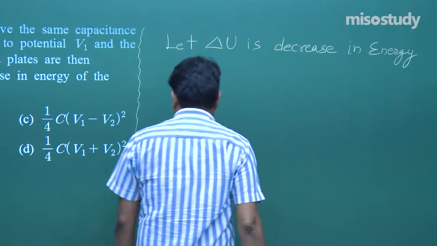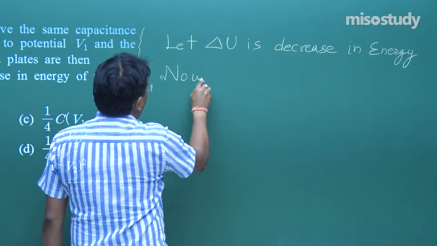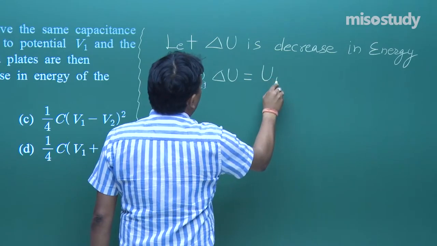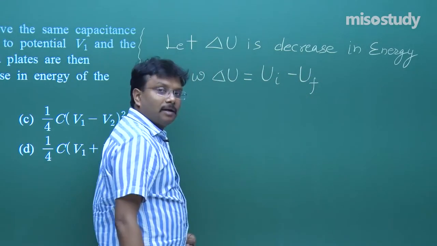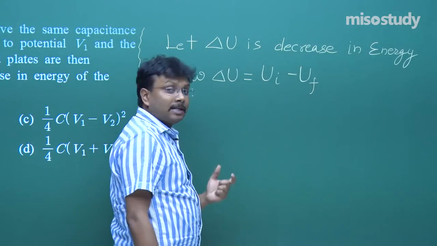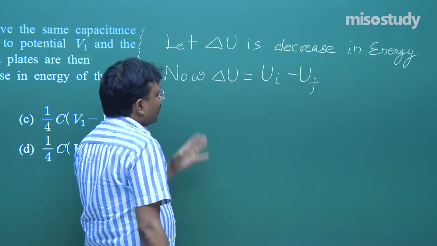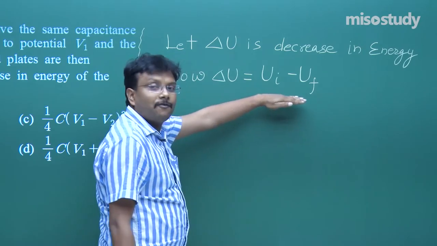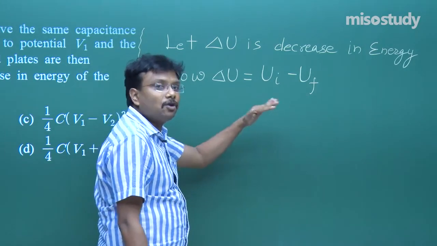Delta U is nothing but U initial minus U final. Again, a few of you may wonder why the initial energy is more and the final energy is less. One by one I will write down the expressions for initial and final energy, and only then will I provide you the exact solution.